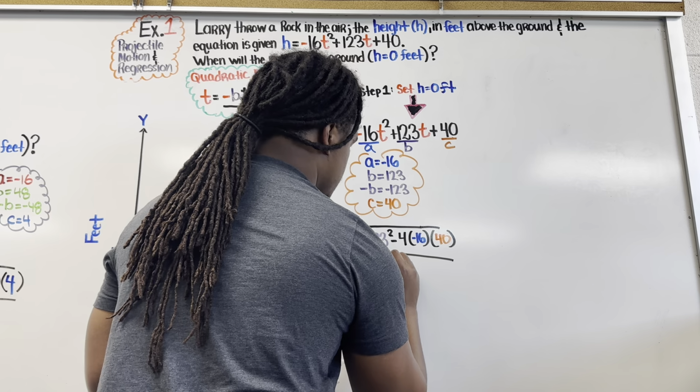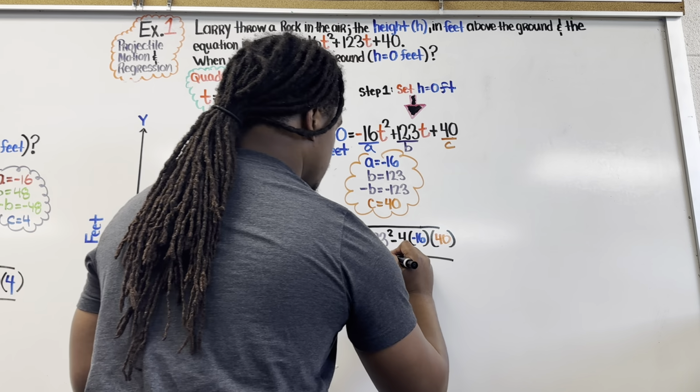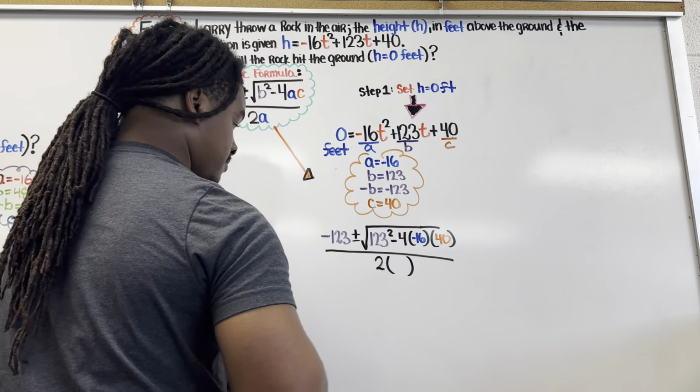Once again, 2 times a is 2 times negative 16.